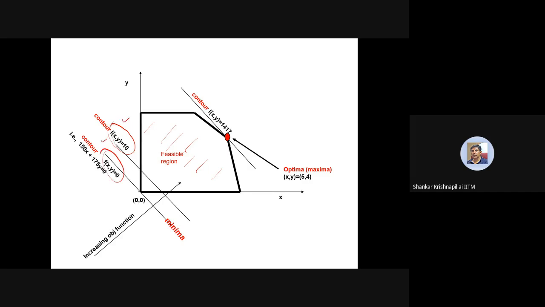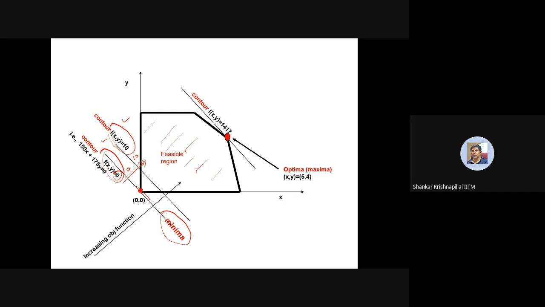So now I know that the increasing direction of the objective function is like this because 0, 10. You can see that this contour of 0 just touches the bottom of the feasible region. So the minimum value of the objective function is 0 because it is just touching the bottom of the feasible region.